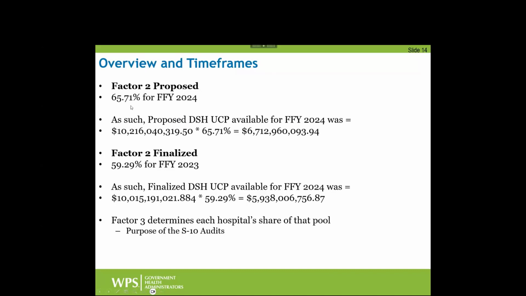It was proposed to be 65.71%, and that would have brought it down to 5.9. And again, each hospital gets a share of that based on their factor three, that CMS has used an average of 3 years of data to calculate.